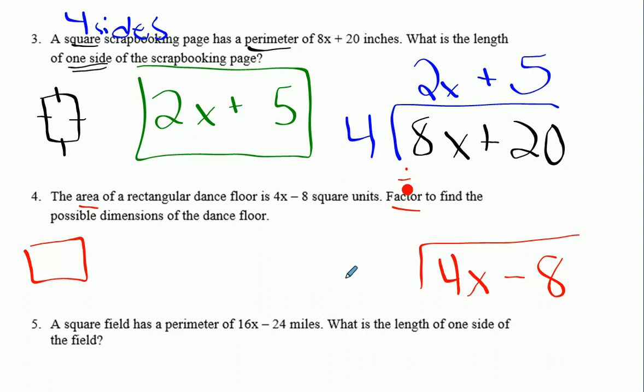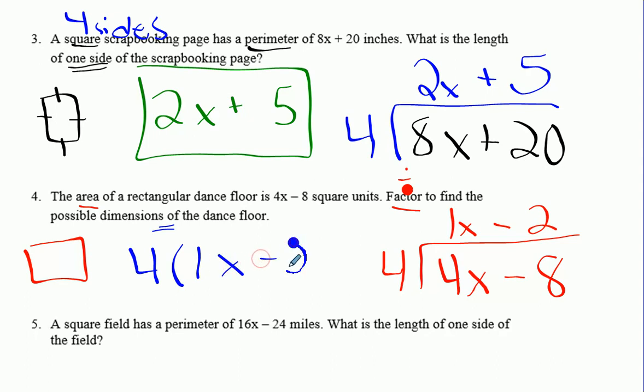So, again, it does not say factor by the greatest common factor, so you could have divided it a couple different ways. I'm going to start with the greatest common factor, which would be 4, and I would divide and I would get 1x minus 2. So my answer, because we're talking about dimensions, more than 1, would be 4 parentheses 1x minus 2.